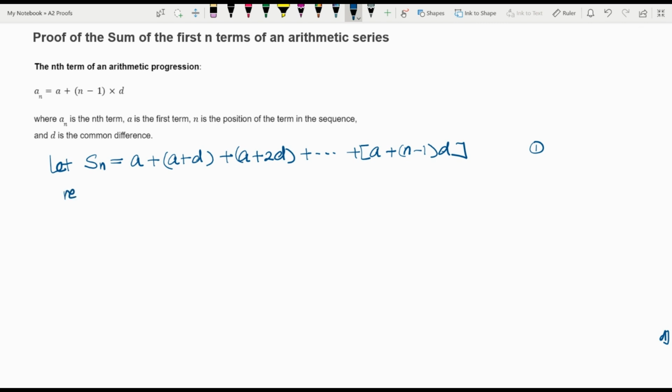And we rewrite equation 1 in the reverse order. So Sn is equal to a plus n minus 1 d, and then the next one would be a plus n minus 2 d.